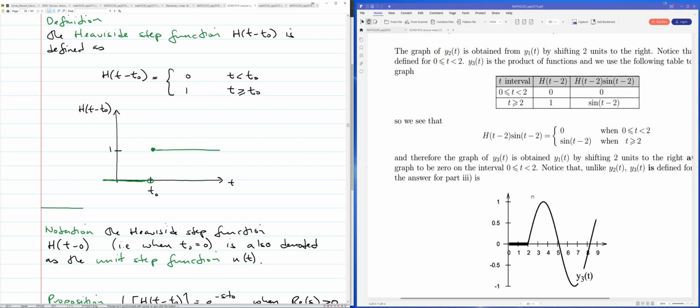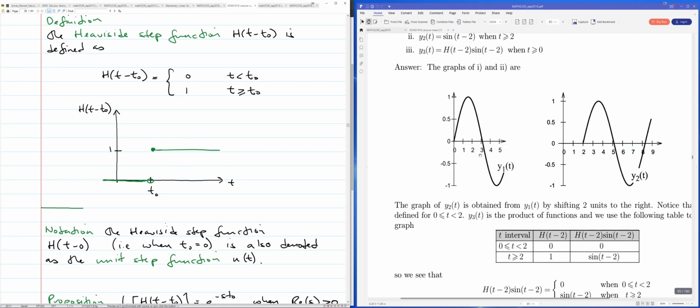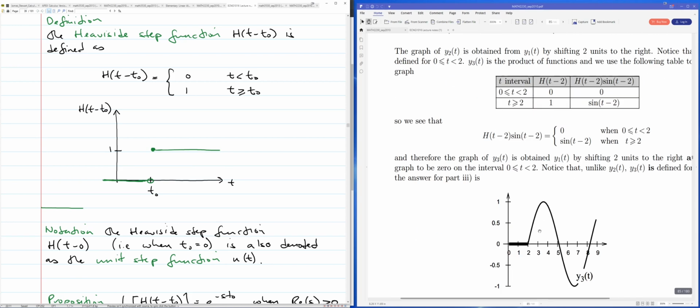So what I want you to get out of this is that h(t-2) times sine(t-2) is essentially just a shift of the sine. You take the sine, you shift it forward by 2, and you get this piece. And one thing that you're doing when you shift it forward by 2 is that the gap over here, you're just filling it in with 0.